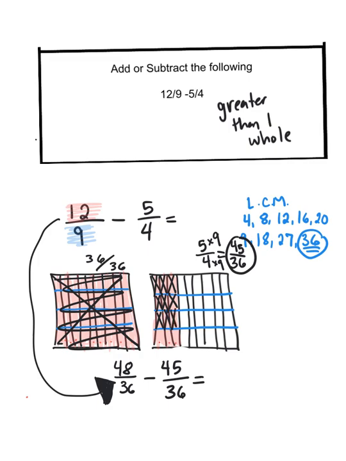That leaves me with 3 out of 36 left. Just this little piece right here is left. And if you want to give yourself an extra challenge, you can reduce it to 1/12.